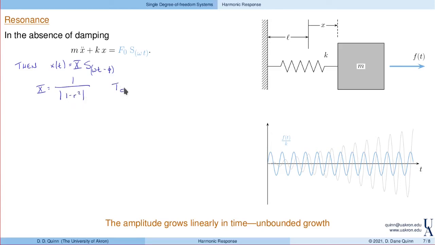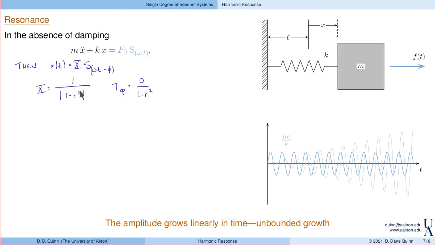And the phase shift in this case is 0, or pi over 2 if r is equal to 1, or pi if r is greater than 1.